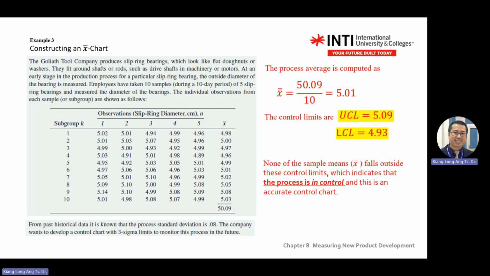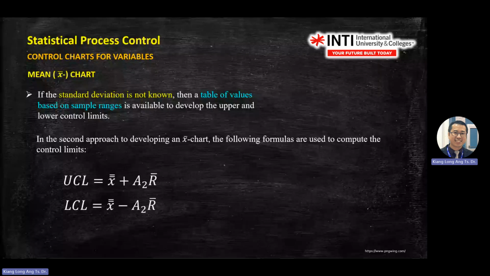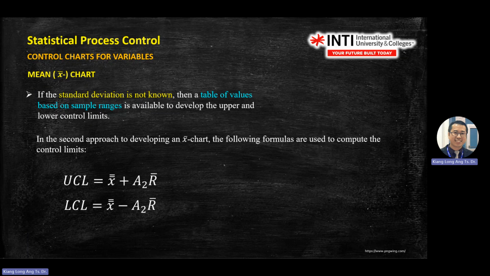However, you see the same data, but it mentions something in the statement. The standard deviation is not known or unknown, and a table of values based on sample range is available to develop the upper and lower limits. You use this formula, you change the Z to A2.